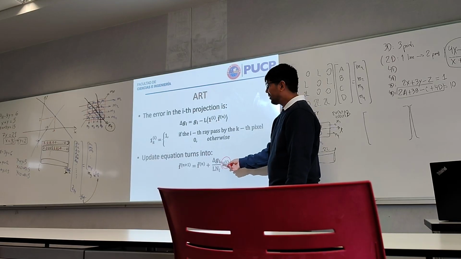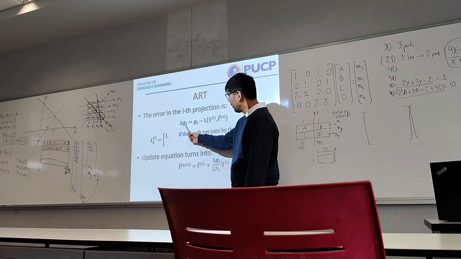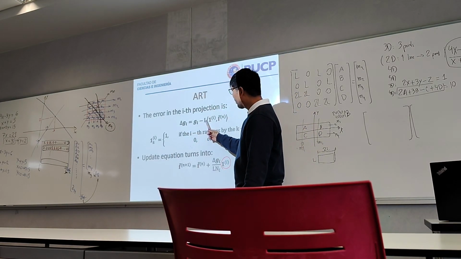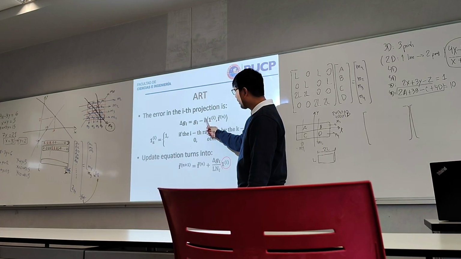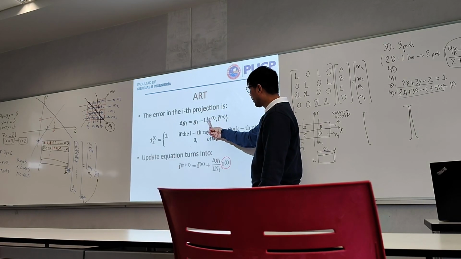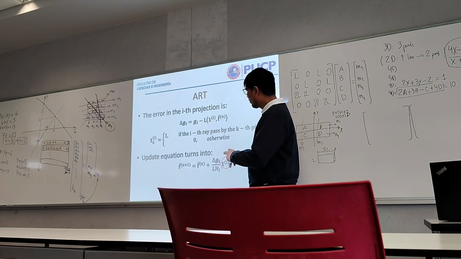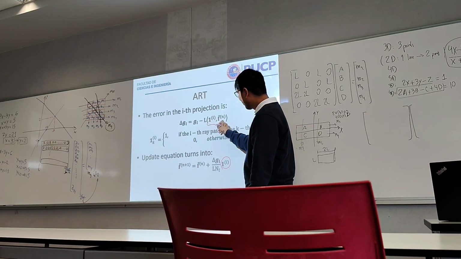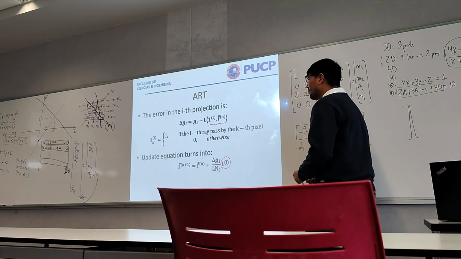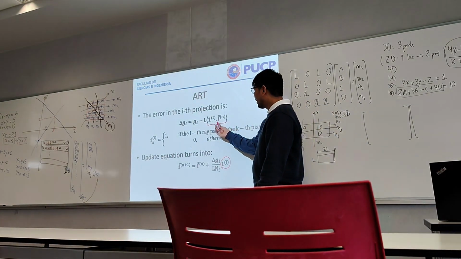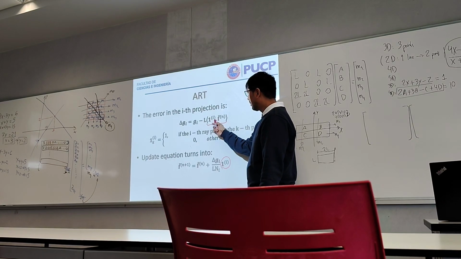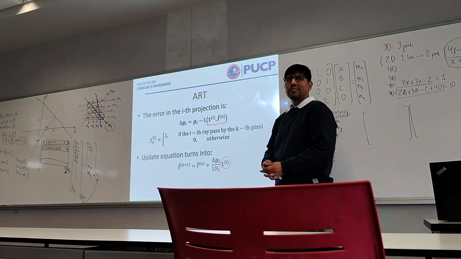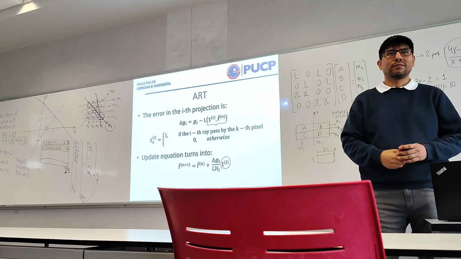What is delta gi? Delta gi will be gi minus n, the length can be 1, and multiply by this. That in this case represents the... can you have a guess? What is this?